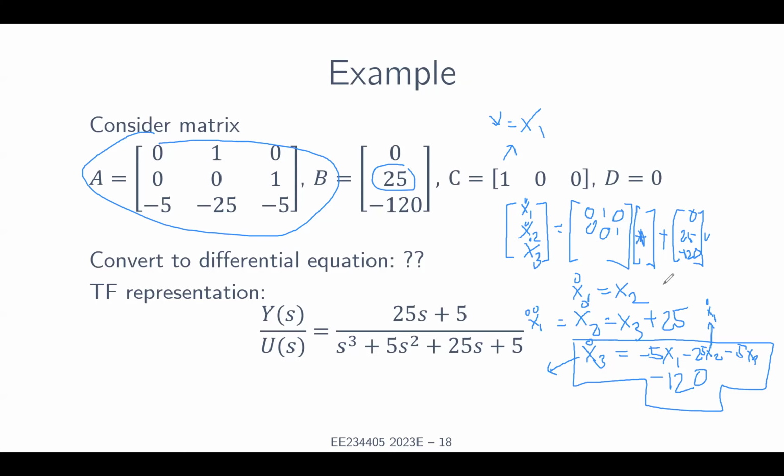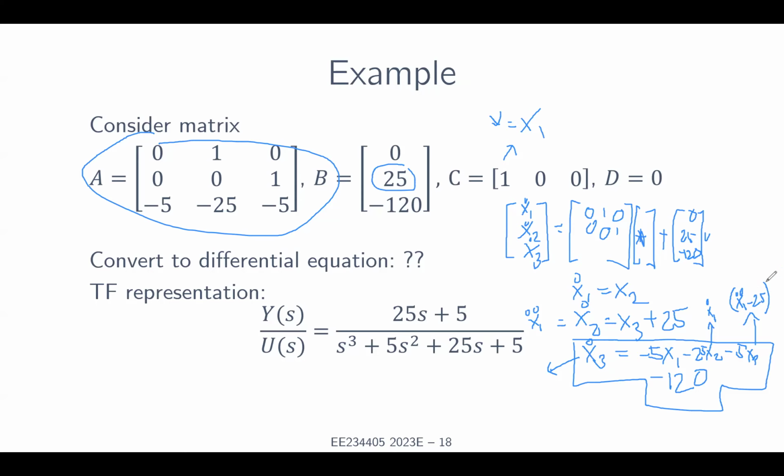So x1 double dot is x3 plus 25, which means x3 is x1 double dot minus 25. And then what is x3 dot, right? So x3 is x1 double dot minus 25.